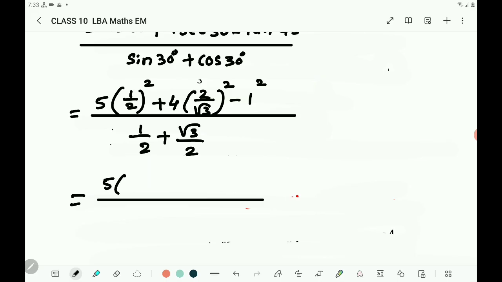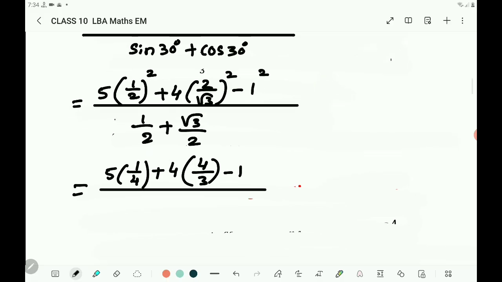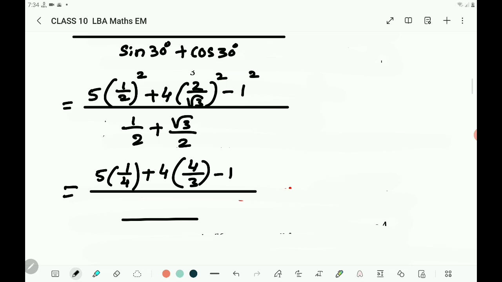5 into 1 by 2 whole square is 1 by 2 into 1 by 2, which equals 1 by 4. Plus 4, 2 by root 3 whole square: 2 square is 4, root 3 square is 3. Then minus 1 square is minus 1. In the denominator take the LCM, which is 2, and add the numerators as it is because both fractions have the same denominator.